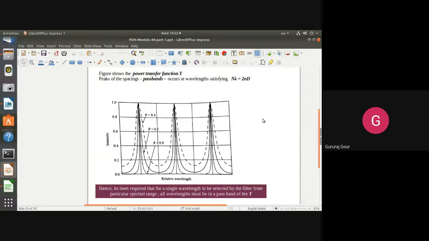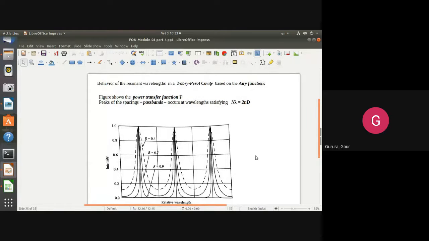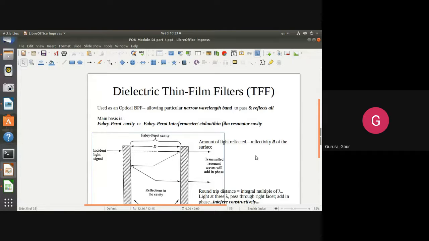Those wavelengths will be selected to come out of this pass band filter, and those falling outside T will be eliminated or rejected by this echelon. That also you have to mention. So this is all about dielectric thin film filters.